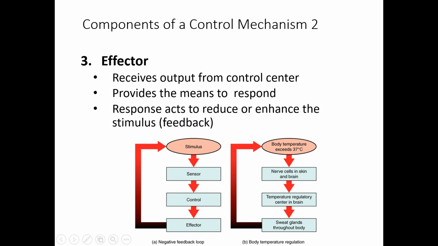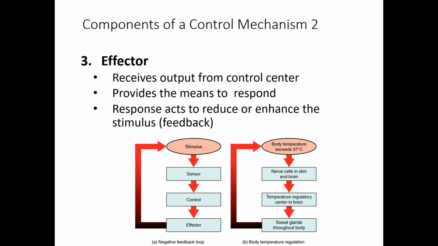Our brain will do it through effectors. Effectors are organs or structures that receive output from the control center, from the brain, and they do something. They provide the means to respond, and the response acts to reduce or enhance the stimulus, feedback. In the case with body temperature, brain received information from the receptors that body temperature is 39.